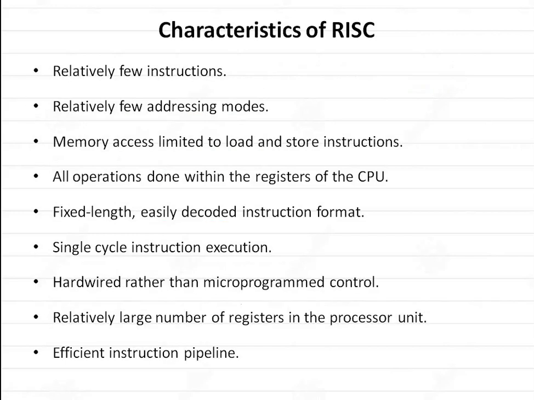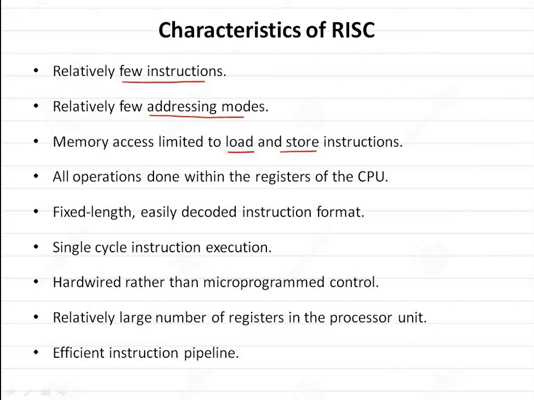The characteristics of RISC are exactly opposite to what we have seen in case of CISC based architecture. In case of RISC, we have relatively few instructions and very few addressing modes, so that is why the complexity is less. The memory access is performed by using load and store type of instructions.